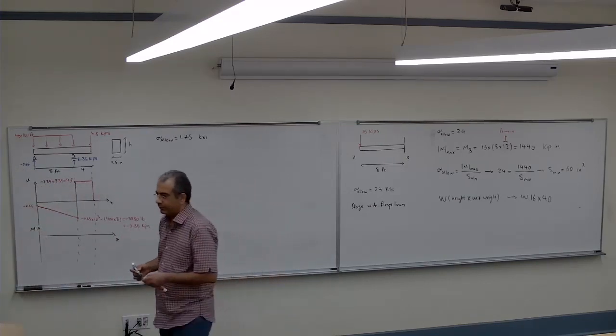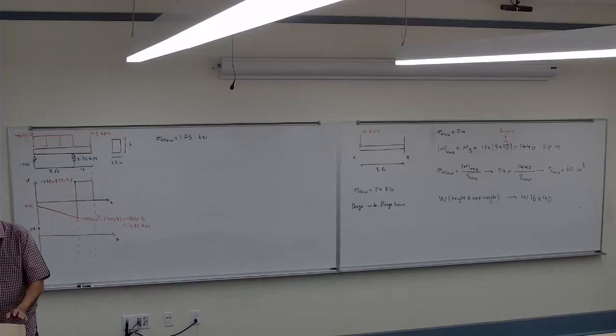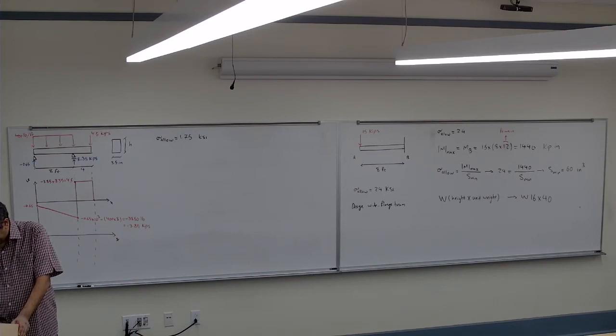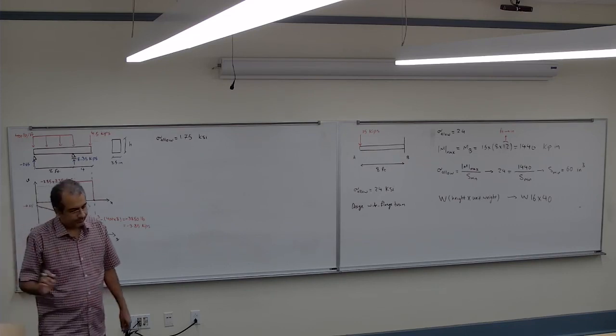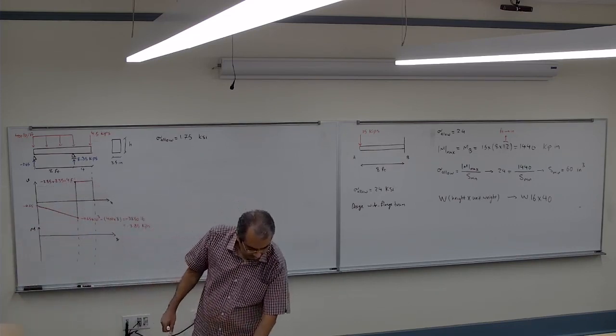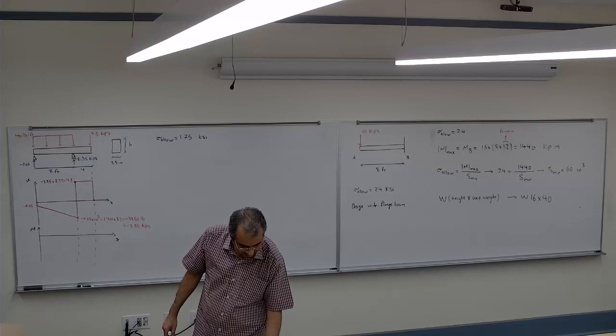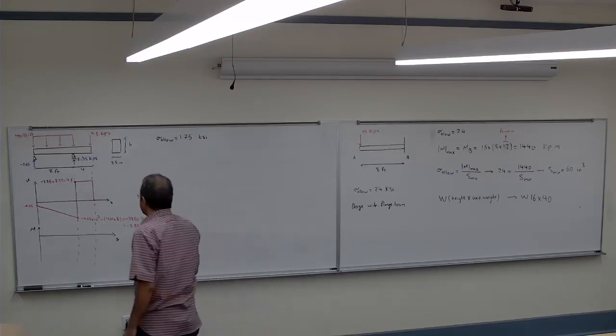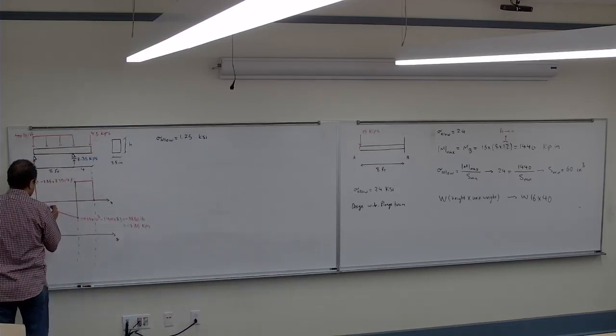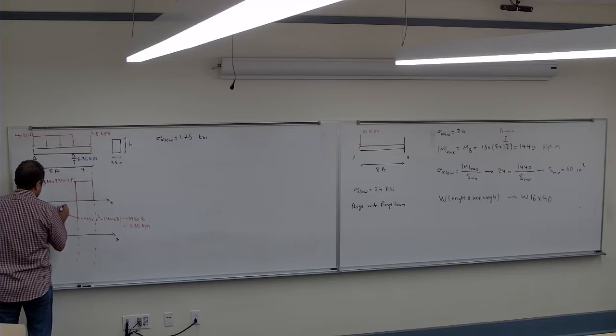That's gonna be fun to do. It should become negative 18 kip-feet.